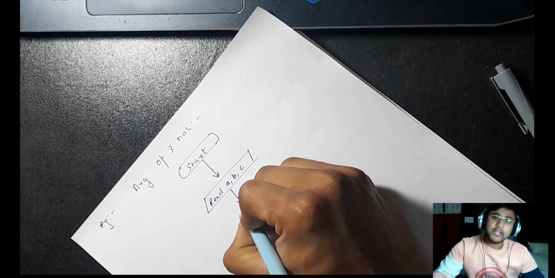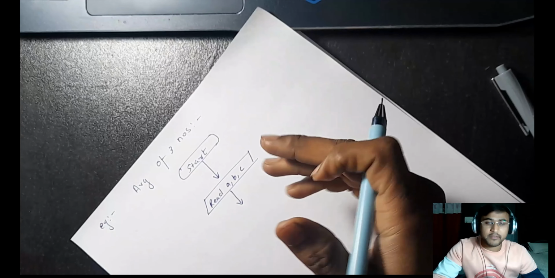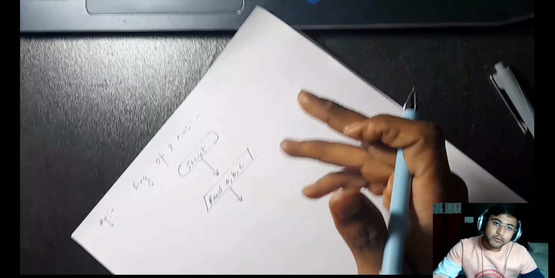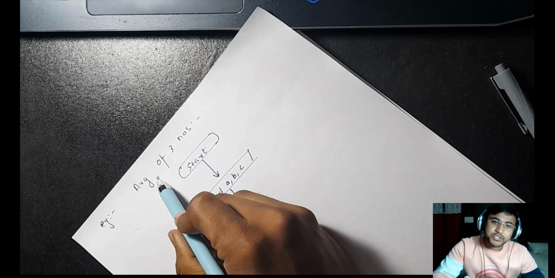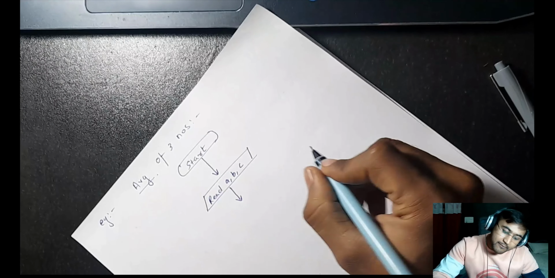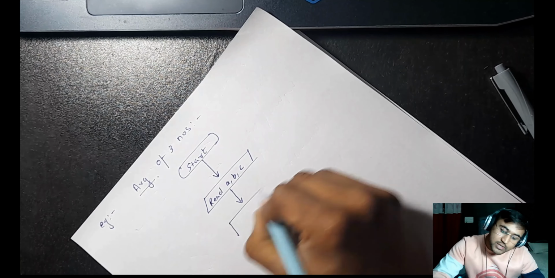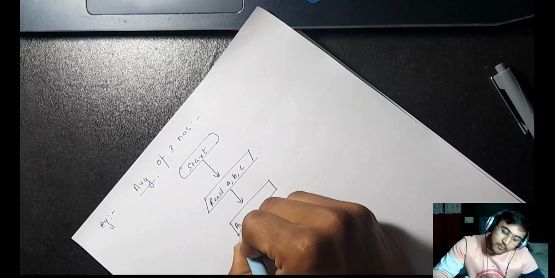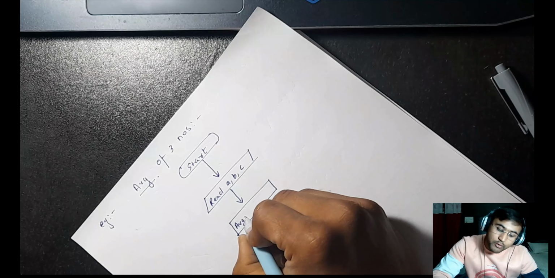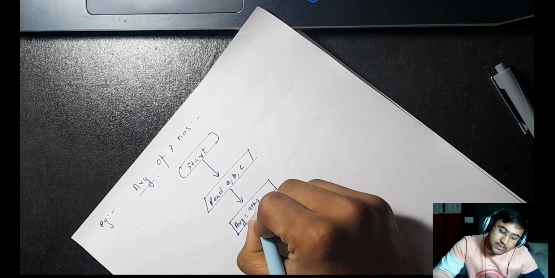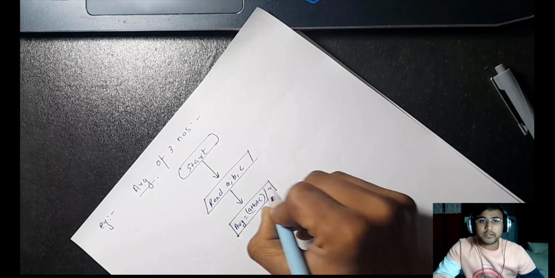In the next step, we need to process these variables. What process we have to do? We have to calculate their average. So for calculating their average, we will again use this process block. In this process block, we will make one variable by the name average, and we are going to store a plus b plus c divided by 3 in it.